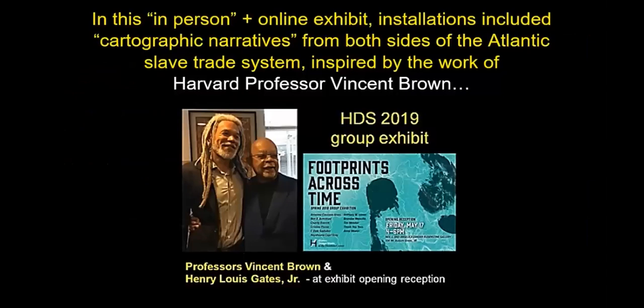In this in-person and online exhibit, installations included cartographic narratives from both sides of the Atlantic slave trade system, inspired by the work of Harvard professor Vincent Brown. He's a close friend of Professor Henry Louis Gates Jr., and Henry Louis Gates attended the opening ceremony and, in fact, endorsed the work.